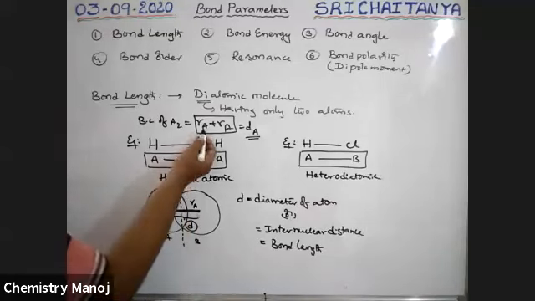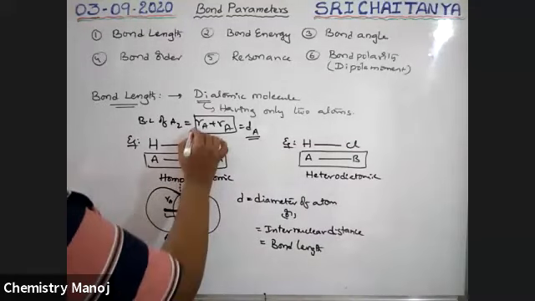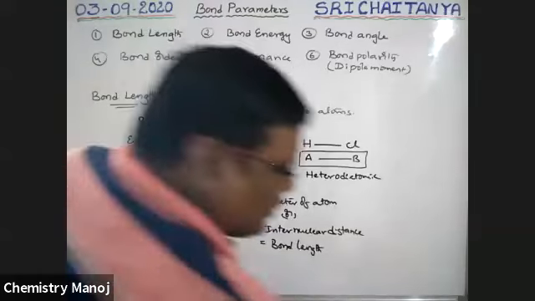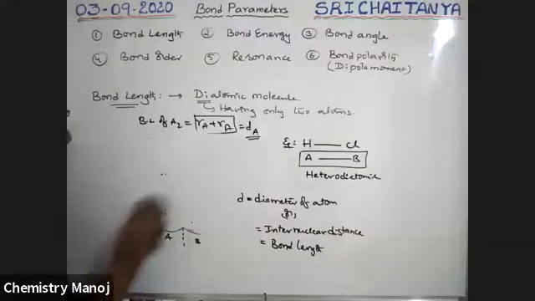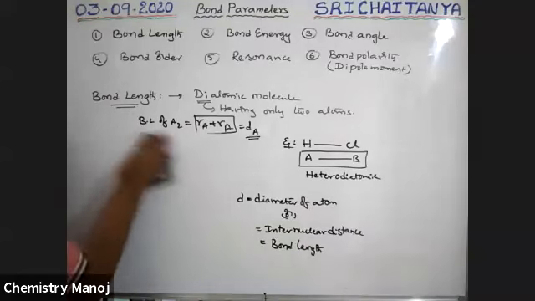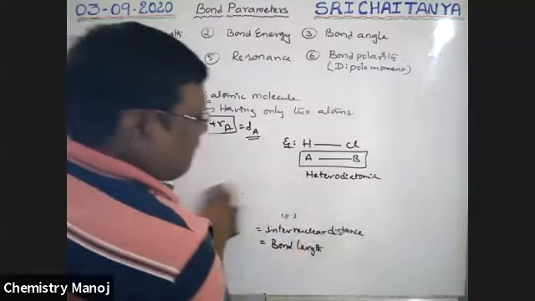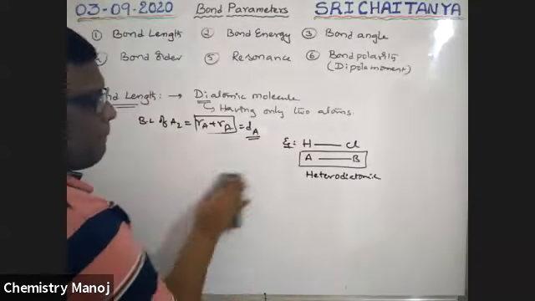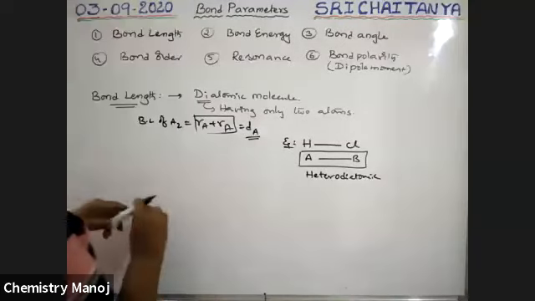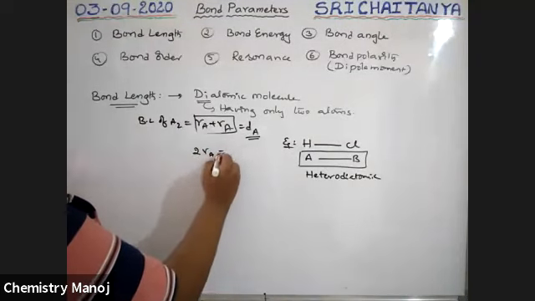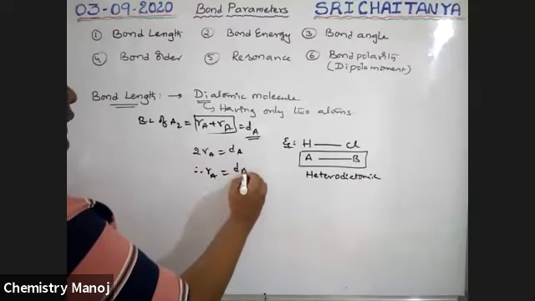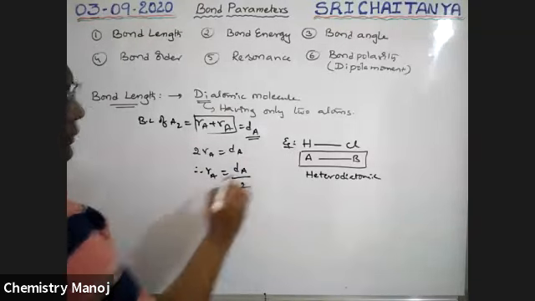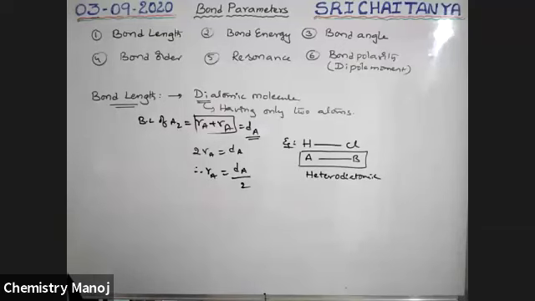How to find out the radius of this A? Radius of A plus radius of A is nothing but 2 into radius of A, which is equal to diameter of A. Therefore, radius of A is equal to diameter of A by 2.